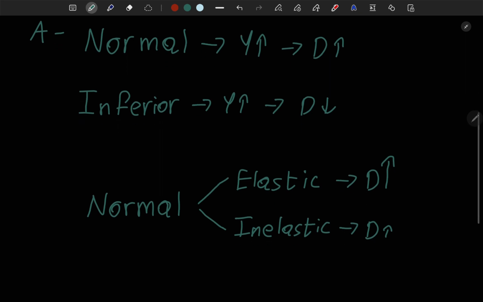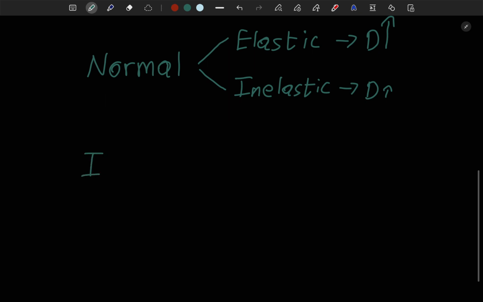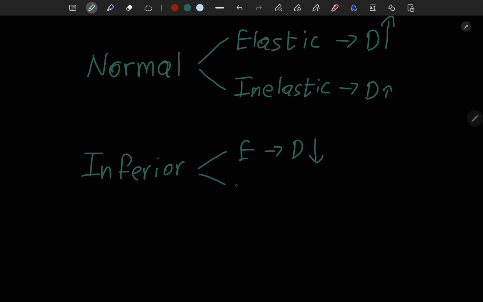And same then you will also tell about inferior. For inferior, if elastic, demand will fall by much more, while if inelastic, the demand will fall but by less. And if YD is equal to 0, there will be no effect in demand.